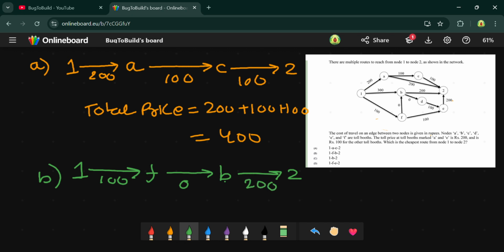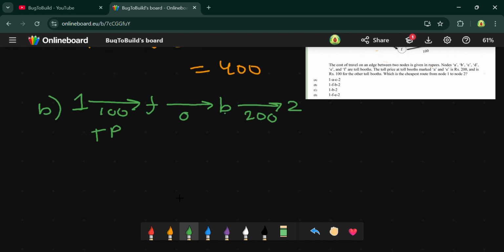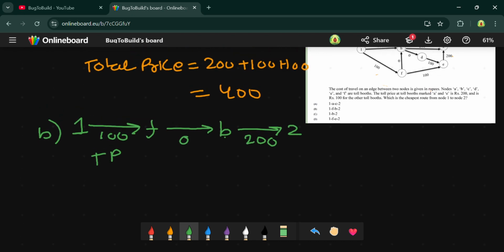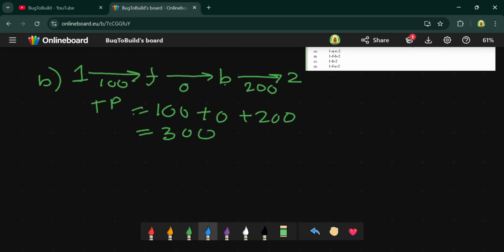After adding, the TP, the total price, is 100 plus 0 plus 200, which is 300.